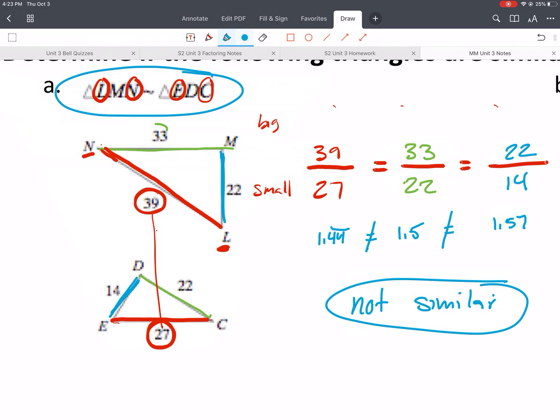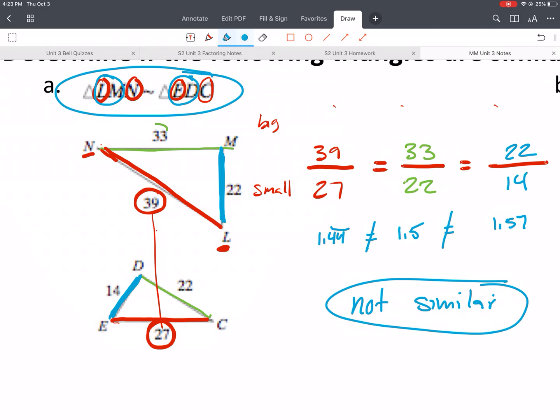So if we wanted to do side LM, that has 22 on one side. LM would be the first two letters. The corresponding side would also be the first two letters, so that would be MD.